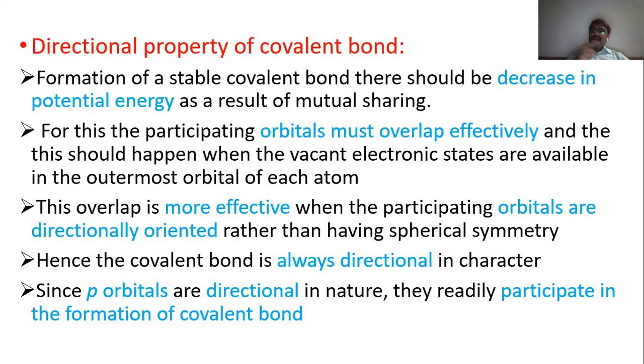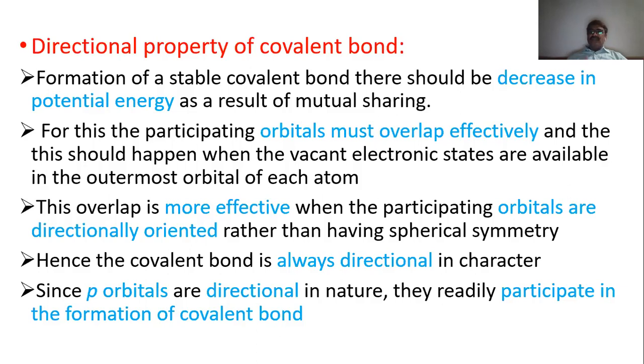Okay, so the covalent bond is formed in the specific direction because that is the direction of the orbitals, because orbitals are directional. Okay, so a covalent bond is also a directional bond. It takes place in the specific direction, and out of s, p, d, f, which orbitals are directional? Chemistry tells us that p orbitals are directional in nature, and since they are directional in nature, they participate in the formation of the covalent bond.